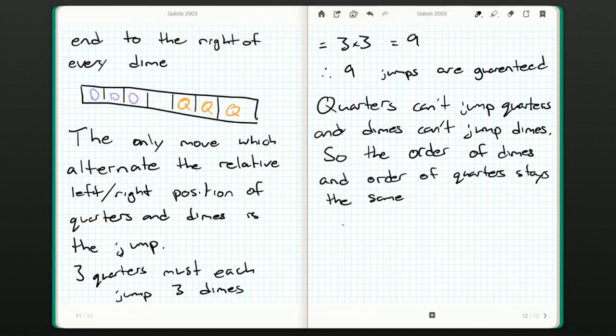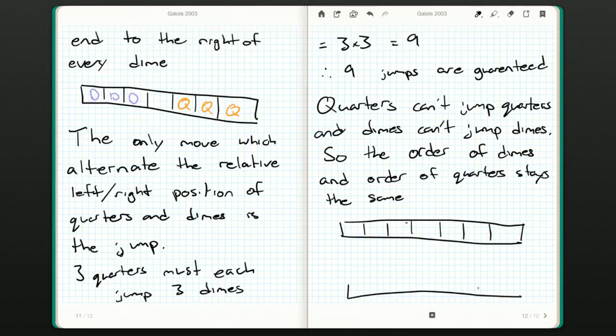Okay, so we sort of start 1, 2, 3, 4, 5, 6, 7. 1, 2, 3, 4, 5, 6, 7. All right, so we start with our quarters over here, and I could give them an order. I could say quarter 1, quarter 2, and quarter 3. And what I mean by that is, at the end, we're going to have quarter 3, quarter 2, and quarter 1, and they're going to be in the exact same order.